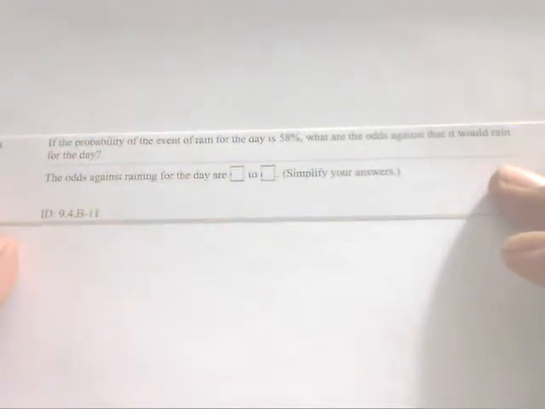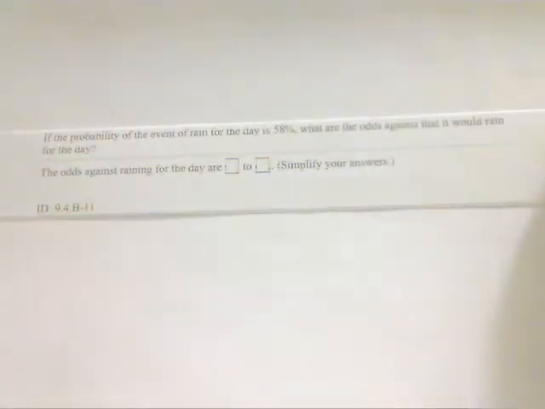Okay. And finally, number 10. If the probability of an event of rain for the day is 58%, what are the odds against that it would rain for the day? Okay, so we want the odds against.